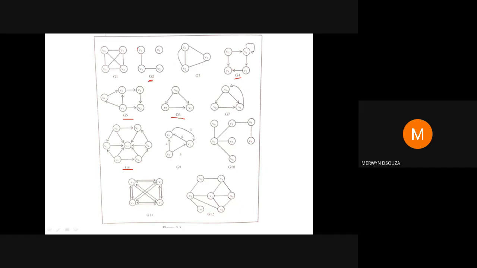Suppose you start from V0, go to V3, then V2, but you cannot go back to V0, so there is no cycle. If I had an edge from V2 back to V0, there would be a cycle. With no cycles, right now it is an acyclic graph.